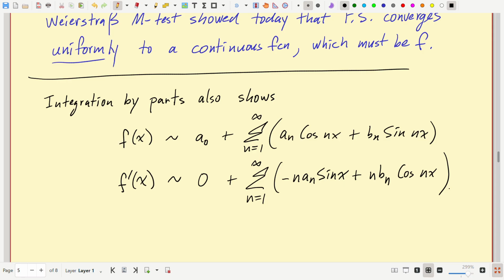And same thing, if you know Bessel's inequality, you'd know that now the n a_n would go to 0. So if f prime was nice, you'd get Bessel's inequality with the sum of n a_n squared. And so the a_n have to go to 0 even faster, etc.